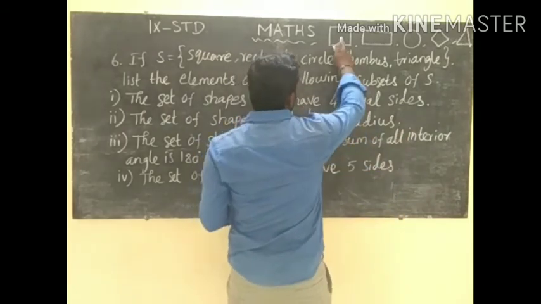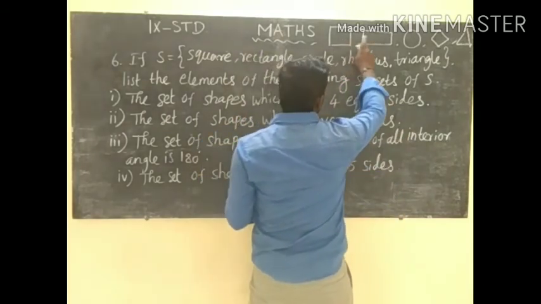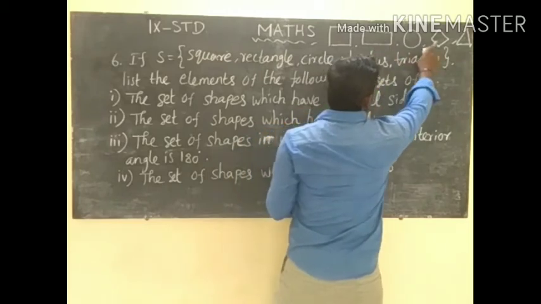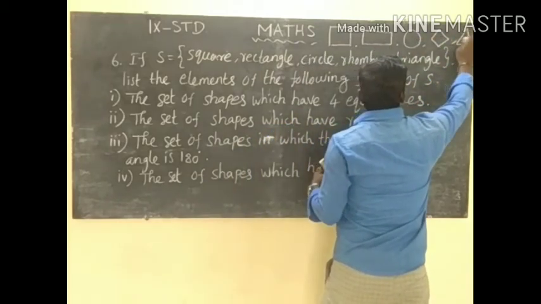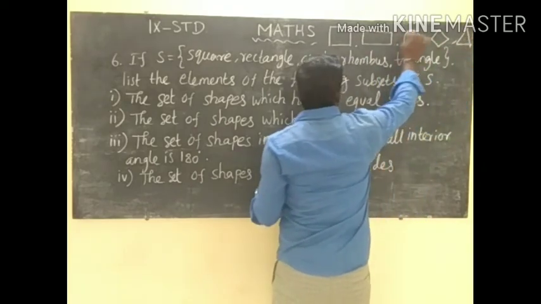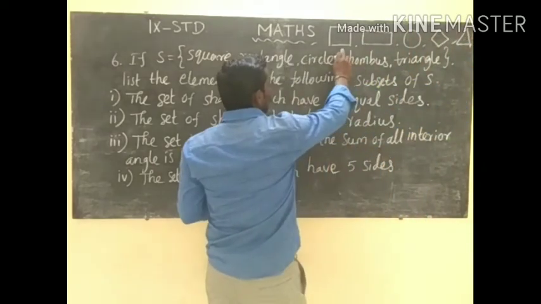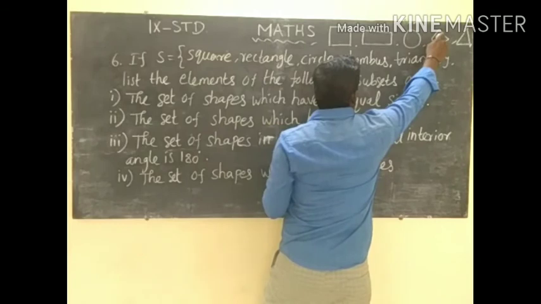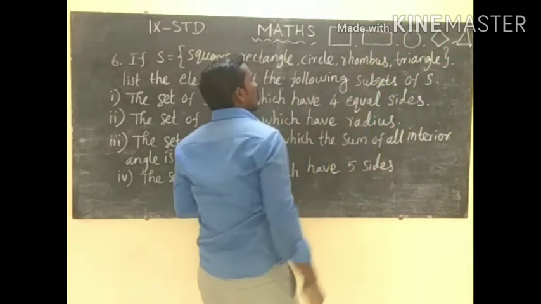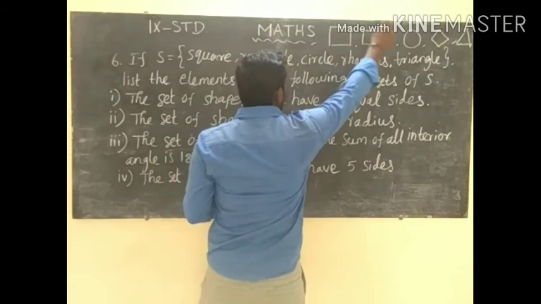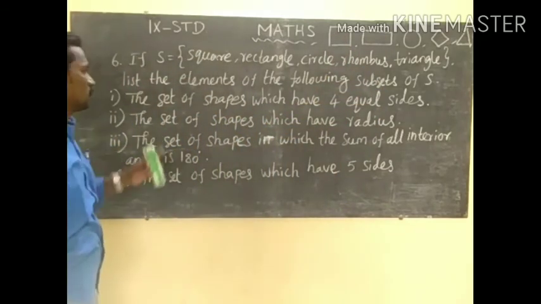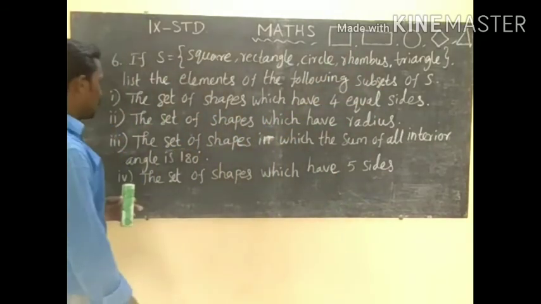This has 4 sides, this is also 4 sides, this is also 4 sides. This one has only 3 sides. These two have 4 equal sides. In the rectangle, only the opposite sides are equal. So select square and rhombus. This is your answer: the set of square and rhombus.